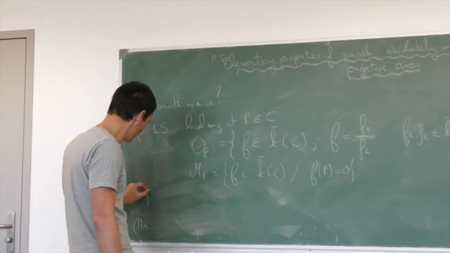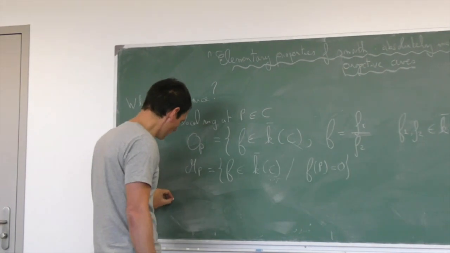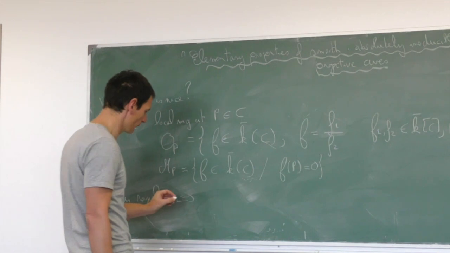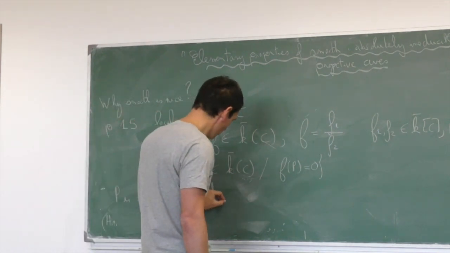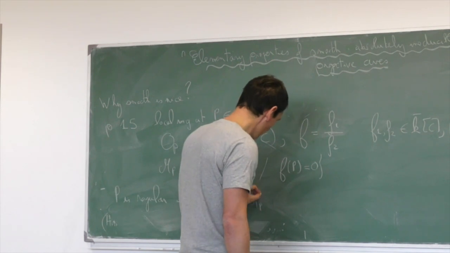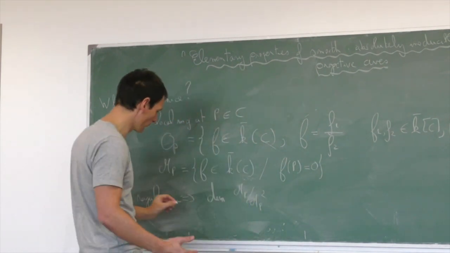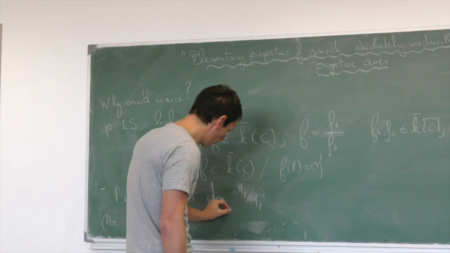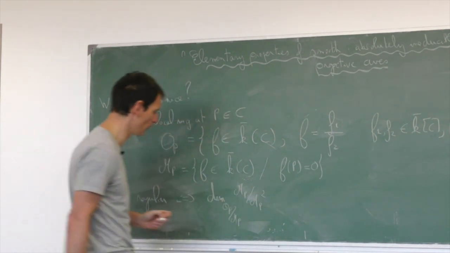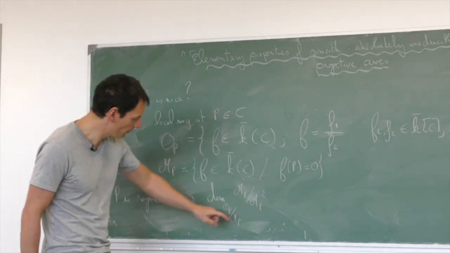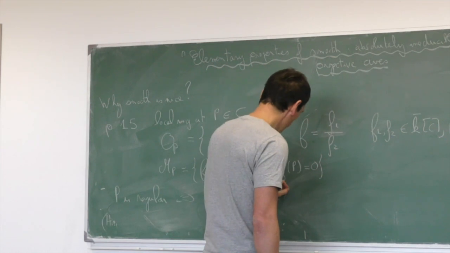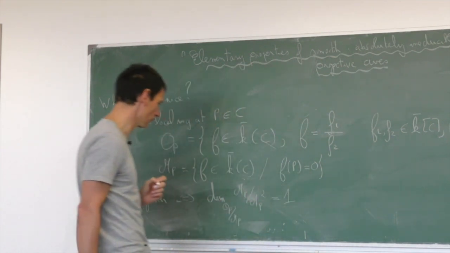And P is regular if and only if the dimension of MP over MP squared, as a vector space over the residue field OP over MP, is 1. Okay?